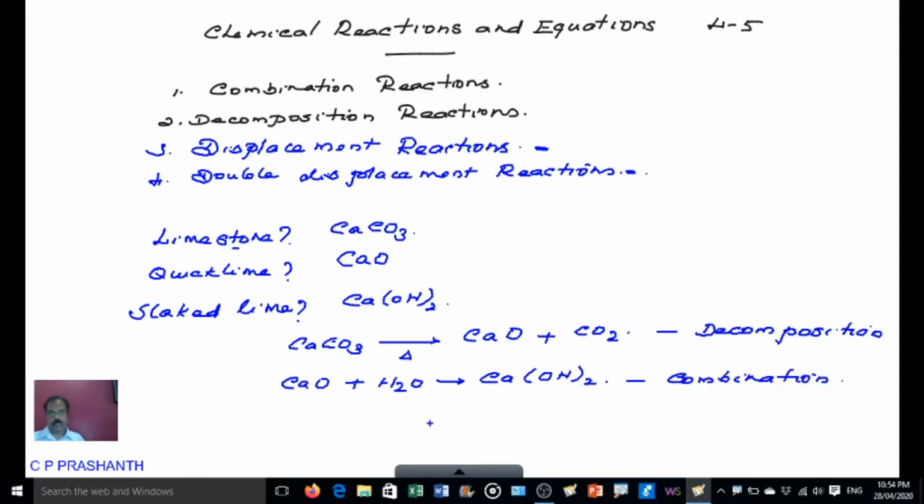So right from CaCO3 you can get Ca(OH)2.